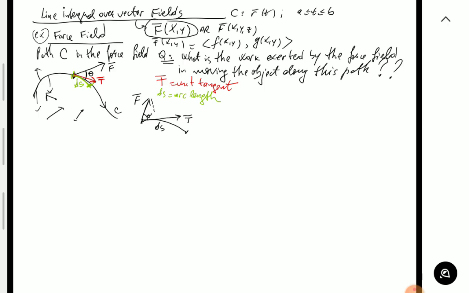The component that participates in the work is the one along the unit tangent. So what you're actually going to integrate is the magnitude of the force times cosine of theta, because that's the component along the unit tangent, and then multiplied by ds, the arc length.